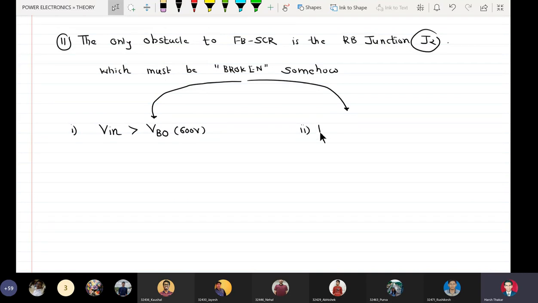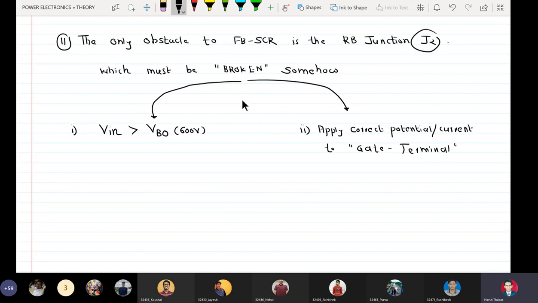And the second is to apply the correct potential or current to the gate terminal. So we are having two ways to break the reverse bias junction J2, which is preventing the SCR from conducting even though it is forward biased.